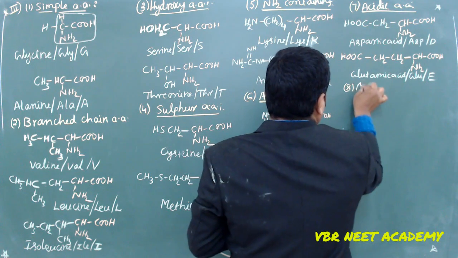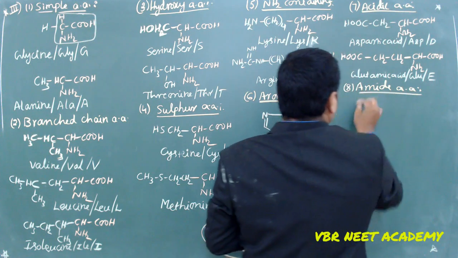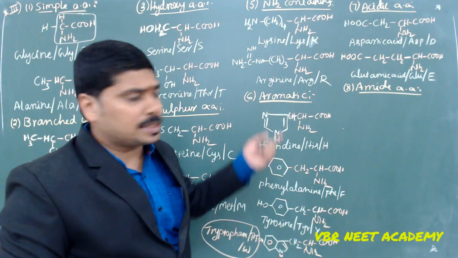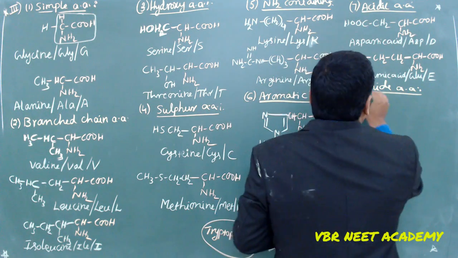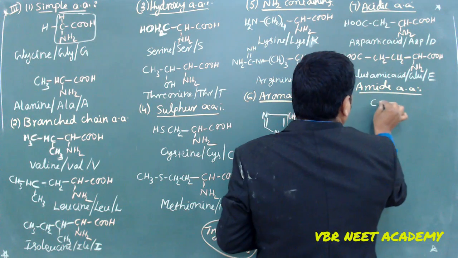Next one. Amide amino acids. They are just derivatives of glutamic acid and aspartic acid. Instead of COOH, you are having CO and NH2.